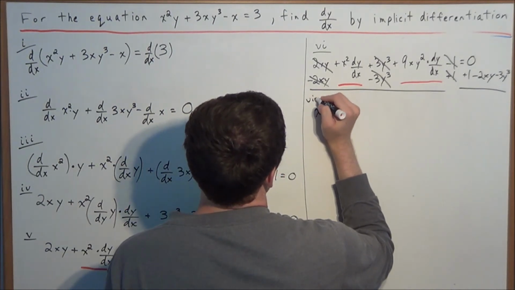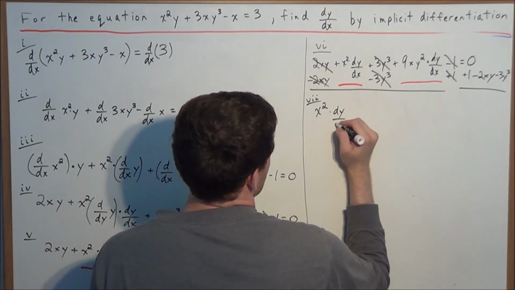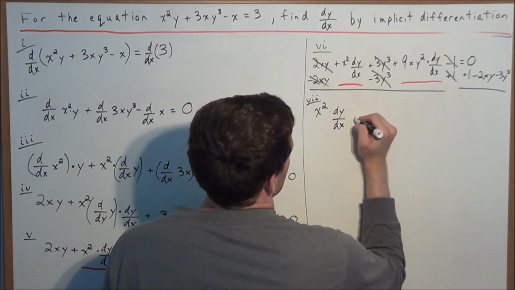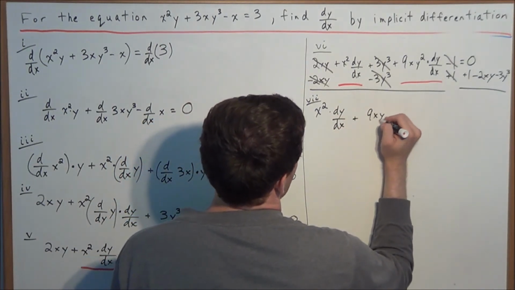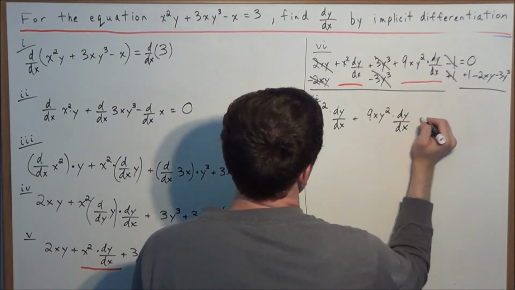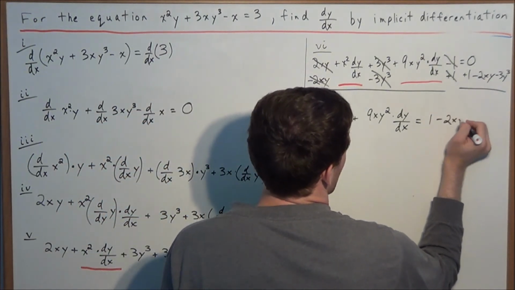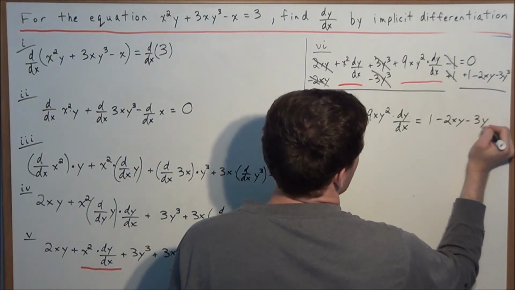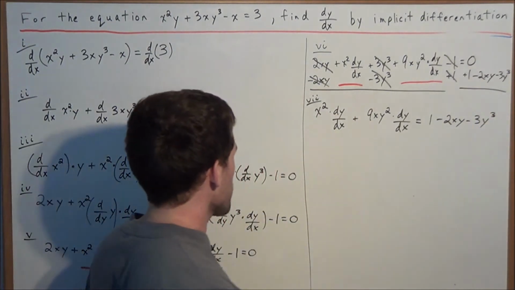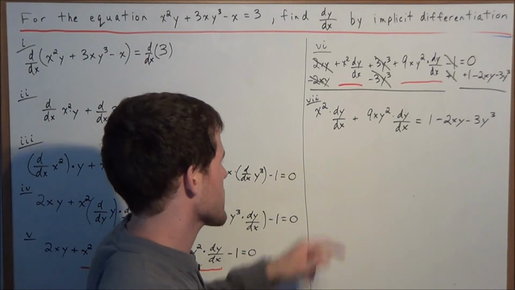Now this is line 7. We have x squared times dy/dx plus 9xy squared dy/dx is equal to, and now we have 1 minus 2xy minus 3y cubed. So now we need to separate dy/dx from both of these. We could factor dy/dx out.